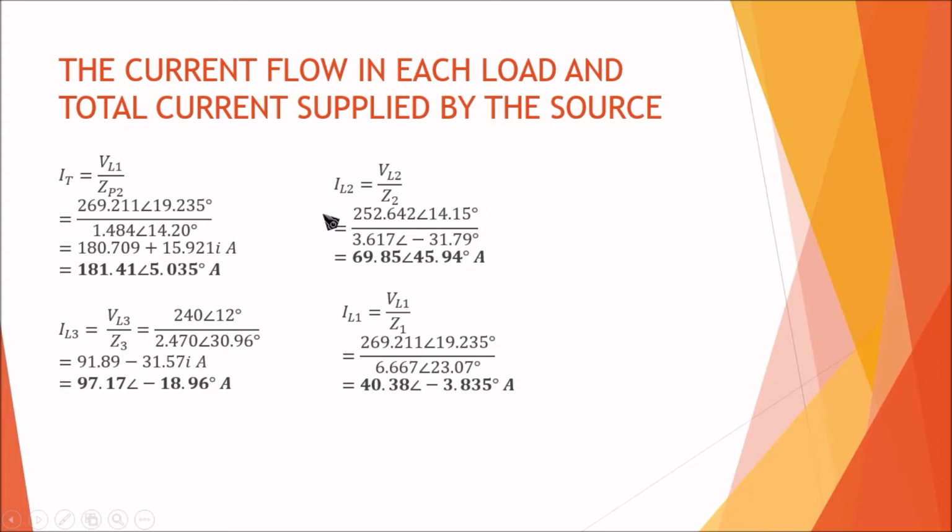And at line 2, we use voltage at line 2 divided by the load 2, which we get 69.85 angle of 45.94 degree ampere. Lastly, we can get the current at line 1 by using voltage at line 1 divided by the load 1. Thus we get 40.38 angle of negative 3.835 degree ampere.